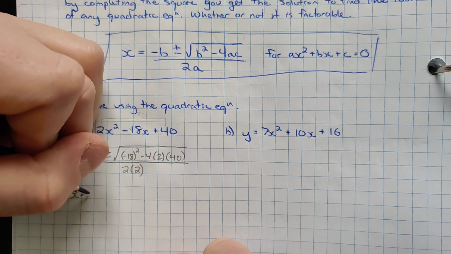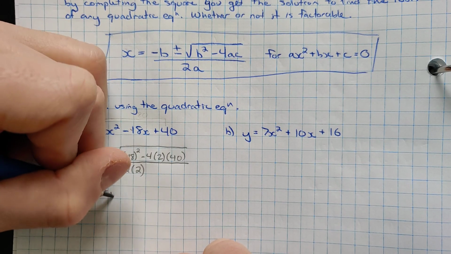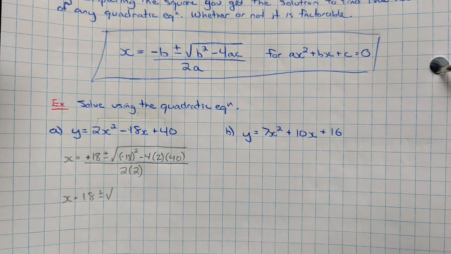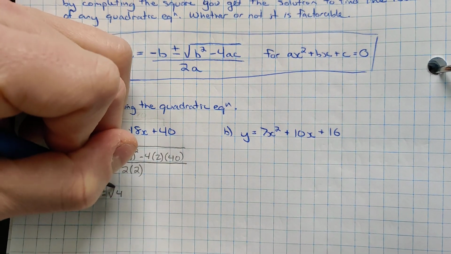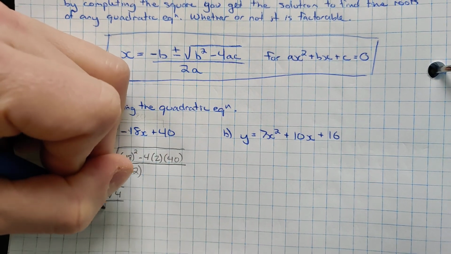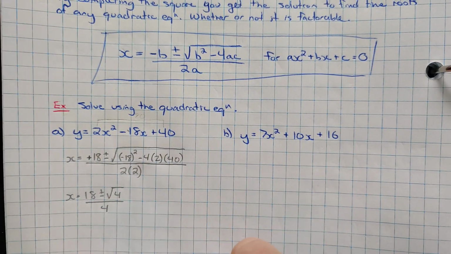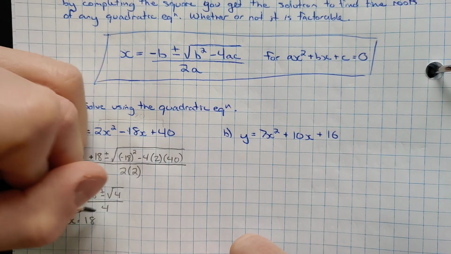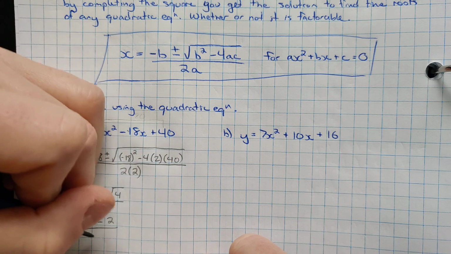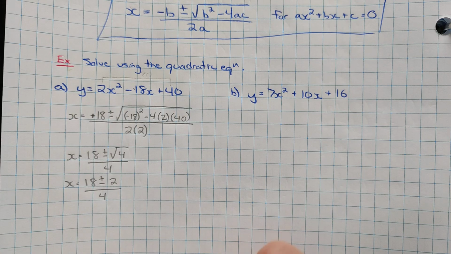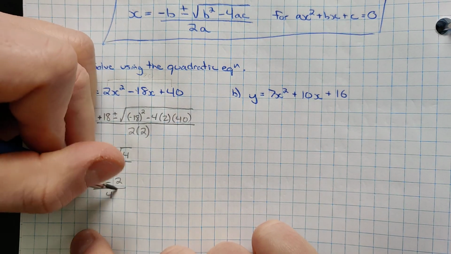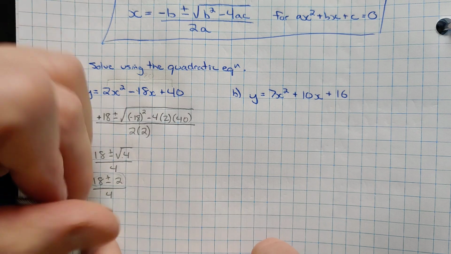When I now simplify that, I get 18 plus or minus the square root of 18 squared minus 4 times 2 times 40, divided by 4. The square root of 4 I can do. That's 2 over 4. Now, here's where we've got to break it up. We can't do any more calculations because of the plus or minus, so we've got to break this into two parts.